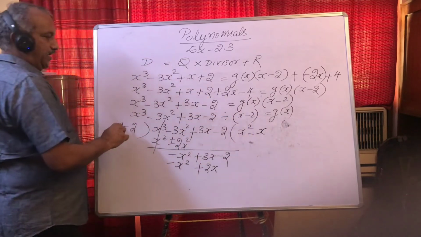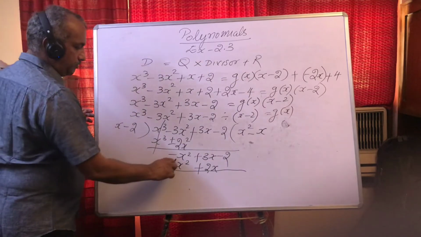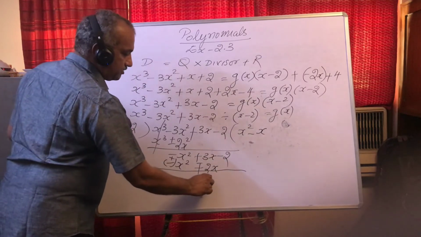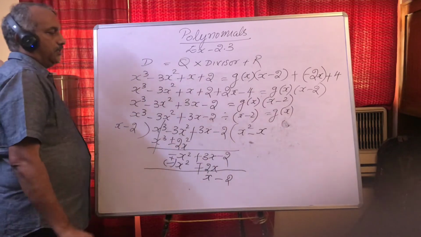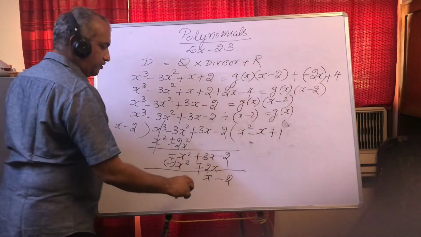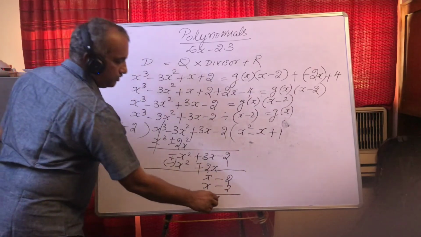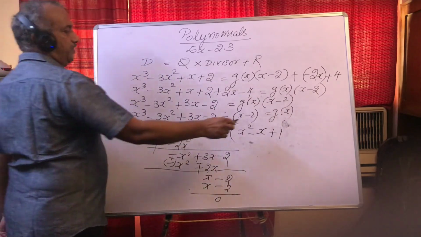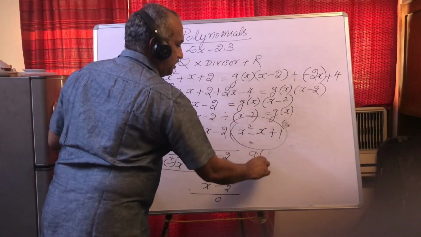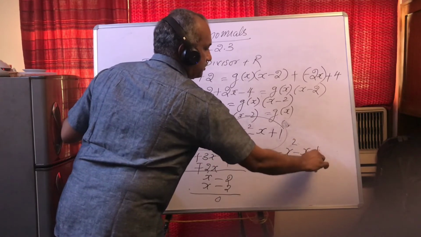Change the sign, this will become plus, this will become minus, 3 minus 2, x minus 2. Third division, x upon x plus 1. 1 into x, x, 1 into 2, 0. So we have the quotient is this one. Therefore, g of x is equal to x square minus x plus 1.